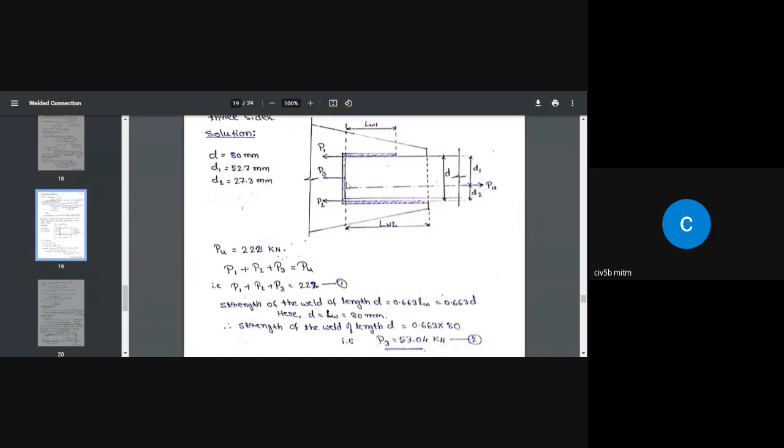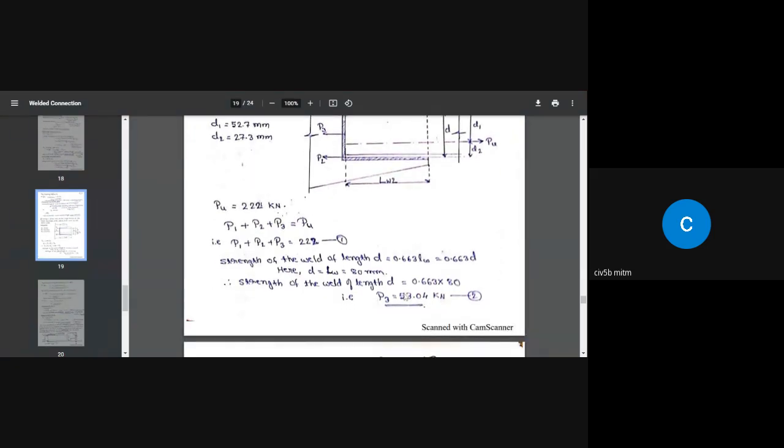That way, the throat area multiplied by FWD value will give you the design strength of this weld, and the resultant of that force acts exactly in the middle. That is the P3 value. How did we calculate it? Again, throat area multiplied by FU by root 3 multiplied by 1 by gamma MW. Once you do that, you will get this.